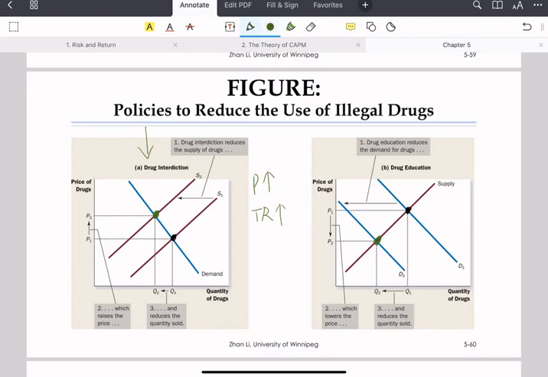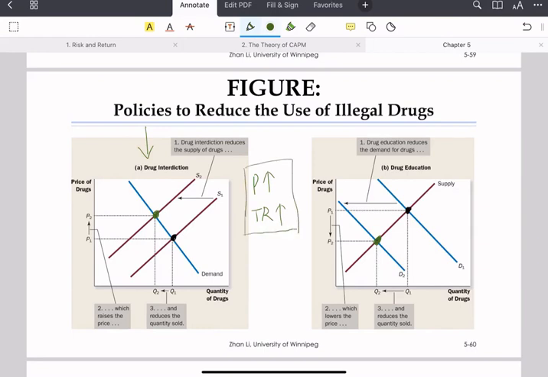The reason is because the demand curve for drugs should be inelastic. Why? Well, because we're talking about drugs. If you're getting addicted to drugs, then you will do drugs no matter what the drug price is. This implies the demand curve for drugs is very inelastic. And we have learned for inelastic demand, total revenue increases as we increase price. So that's why we get this result here.